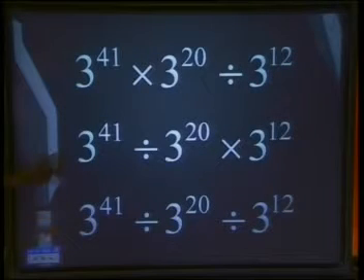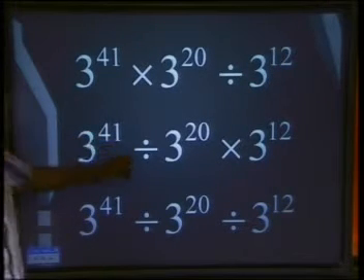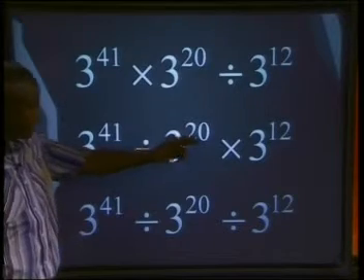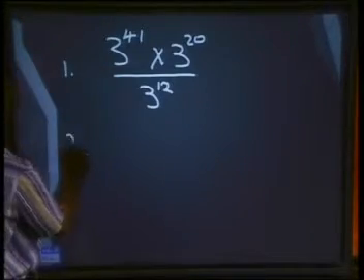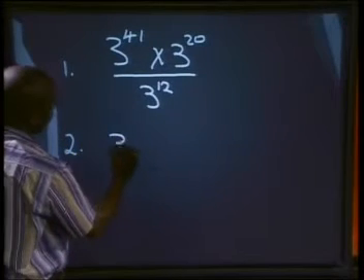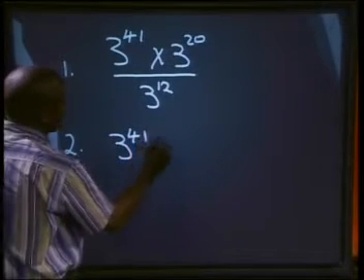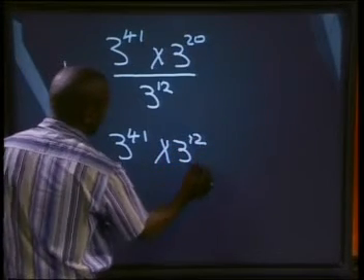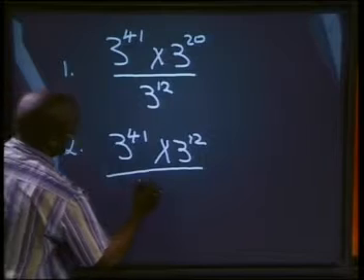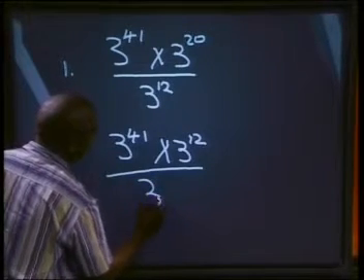And the second one, 3 to the power of 41 divided by 3 to the power of 20 multiplied by 3 to the power of 12, as 3 to the power of 41 multiplied by 3 to the power of 12 divided by 3 to the power of 20.